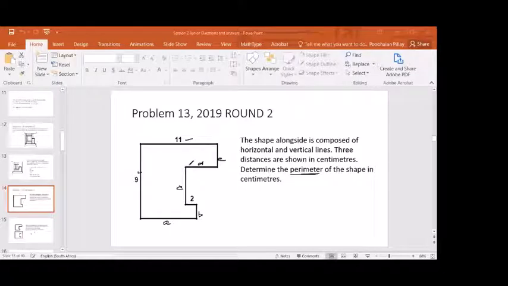So, for instance, if I extend this line here a little bit, watch. If I join this and also join this, then you can see that this part here is 2.